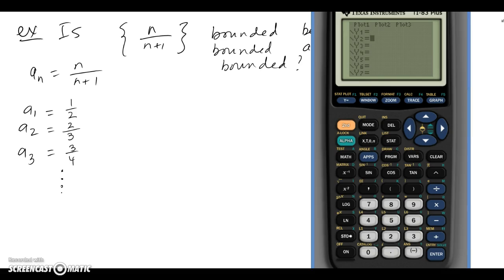Okay, let's try again. I'm going to go to mode, sequence, enter, and then get out of that screen.